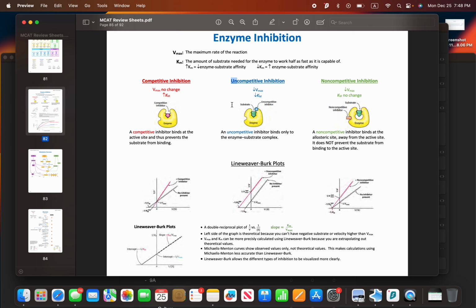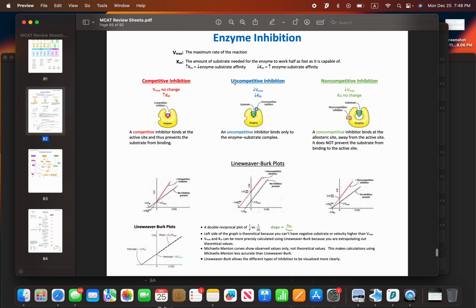It is frustrating. What do I mean? Unread messages, UN, unread. So Vmax and Km are reduced. Unread messages, Vmax and Km are reduced.